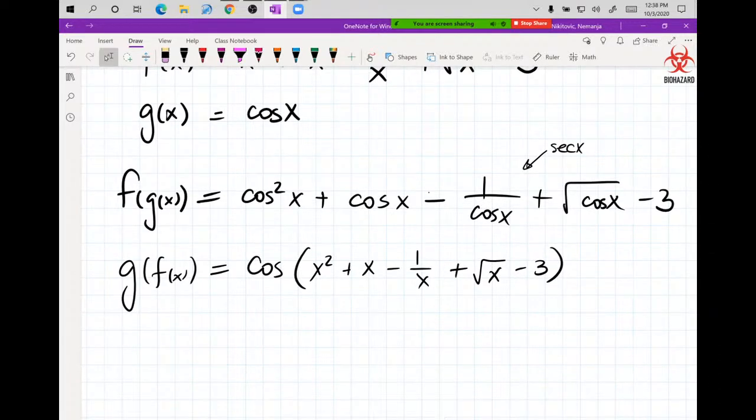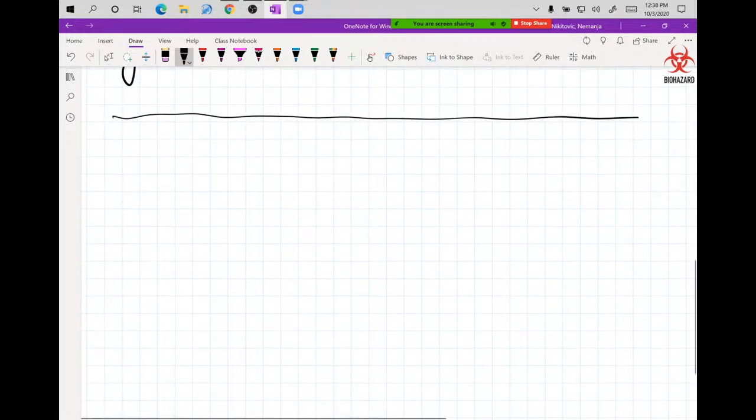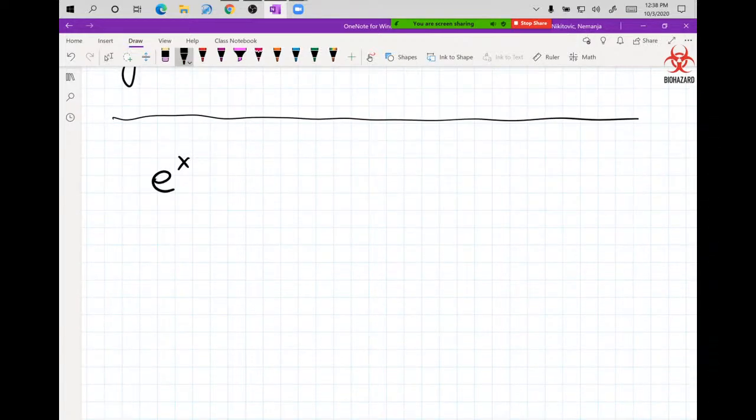Now, for calculus, we are not necessarily interested in composing functions. We are actually interested in decomposing functions, which is something you haven't done much of in a pre-calc course. So decomposing functions, meaning what is the meaning of e to the x squared?